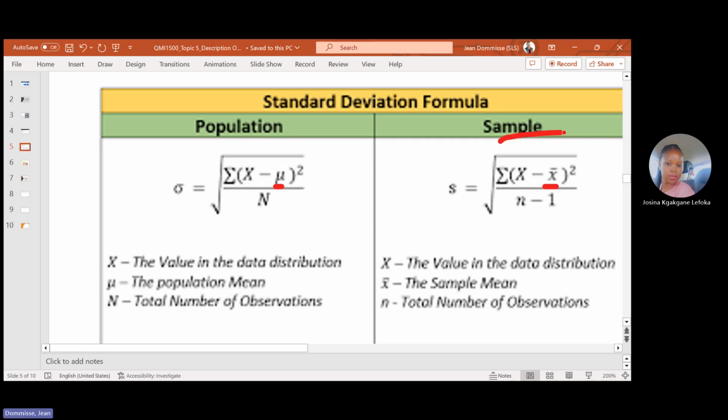Okay, so we're looking at the sample here. You don't want to do that calculation 20 times. So the easiest is that in Excel, there is a function that can work that out for us.